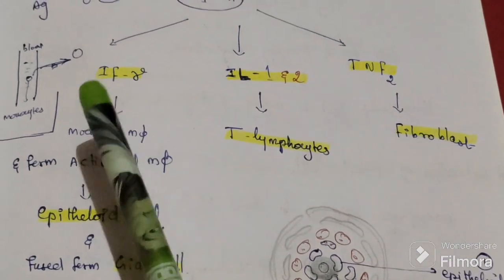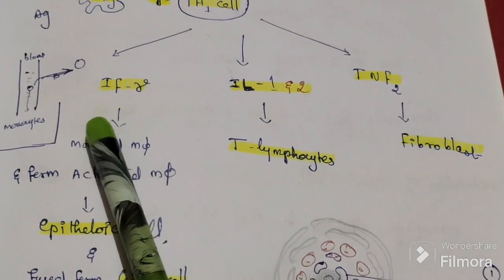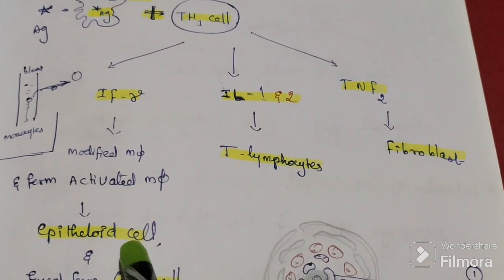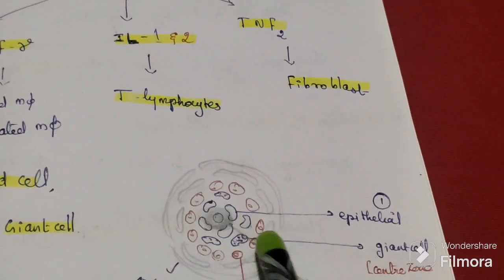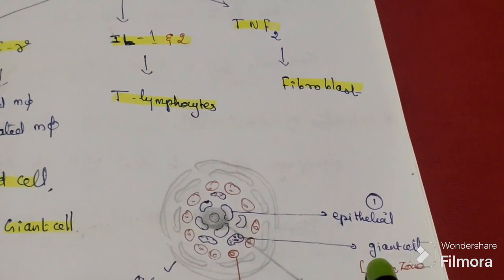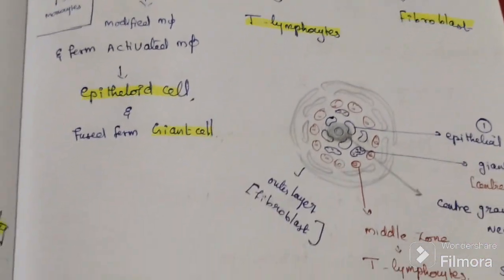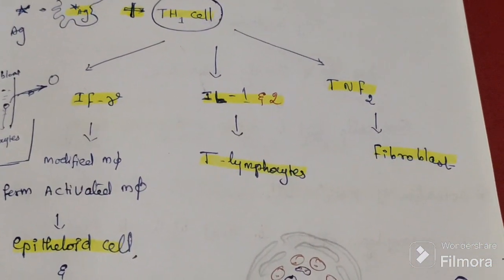So the first one is interferon gamma. Interferon gamma makes activated macrophages form epithelioid cells and giant cells. These are presented in the center zone.